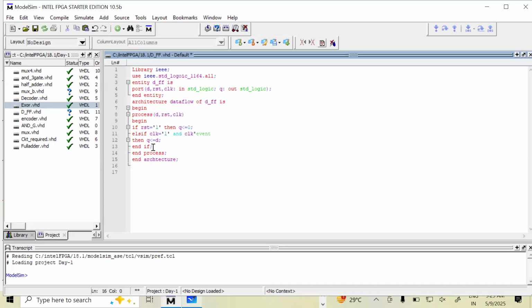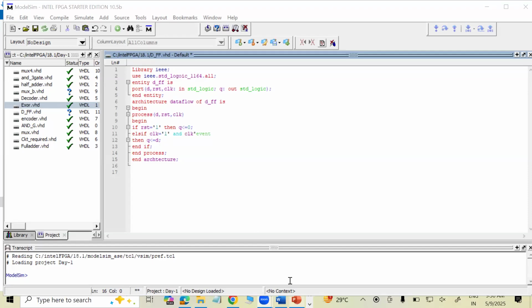I hope you have understood this logic. See, initial things are okay. After architecture, begin is written. After that is process, and within the parentheses of process you have to include such signals where an event will occur.